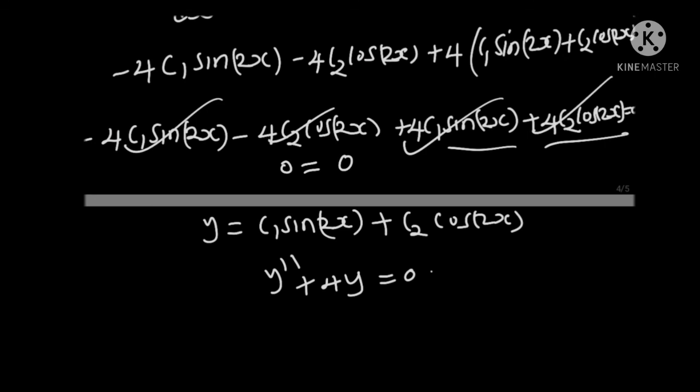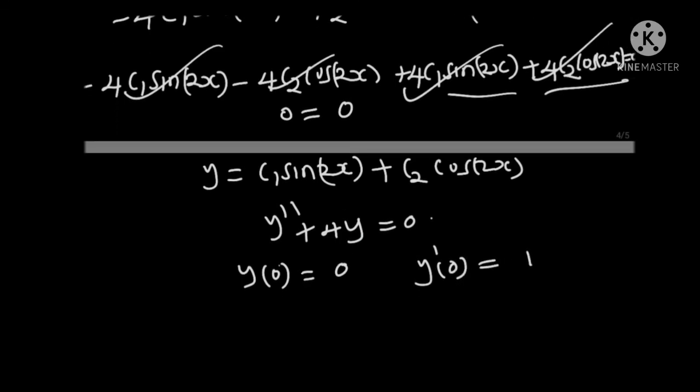Now, the second part of this question says, determine a particular solution given y of 0 equals 0 and y prime of 0 equals 1. Don't forget, this value represents x and this one represents y. Similarly, this one represents x and this represents y prime.